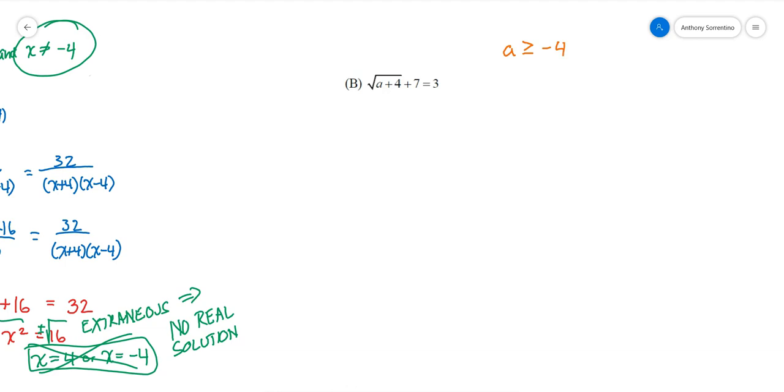Because that would make the radical portion of this not exist if it didn't meet this condition. So I had to work under that premise. I'm going to subtract 7 from both sides. And I get this. Now at this point, you could stop right here and say no real solution.